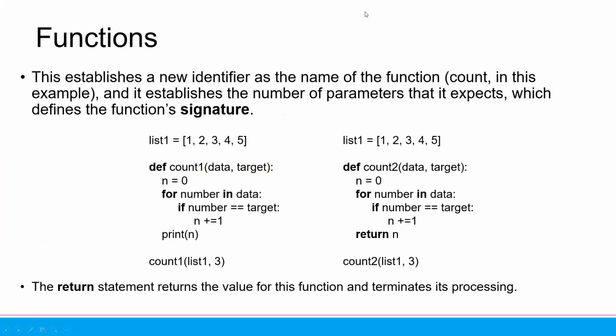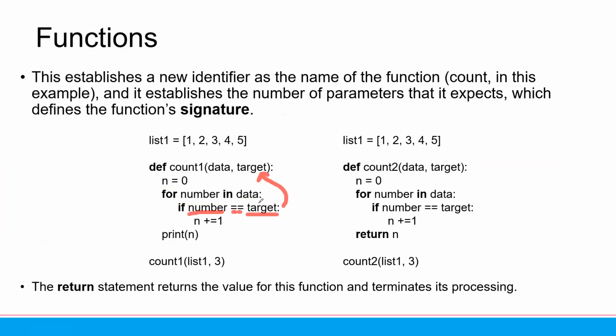For example, now I want to specify n equals 0, and then I would like to loop. I hope that you already know, for number in data. The data is from this variable. So for every number in the data, I would like to check if the number equals target. The target is from this parameter.